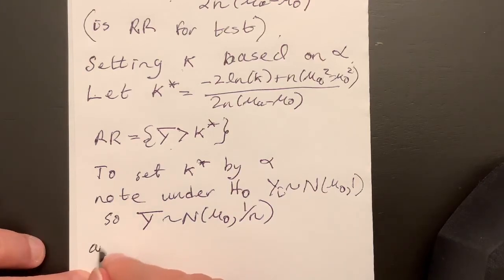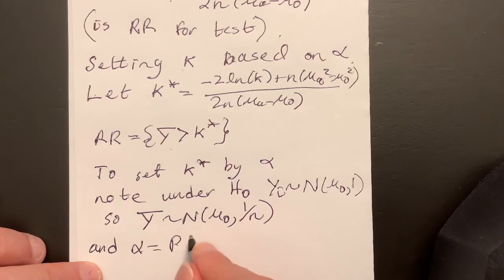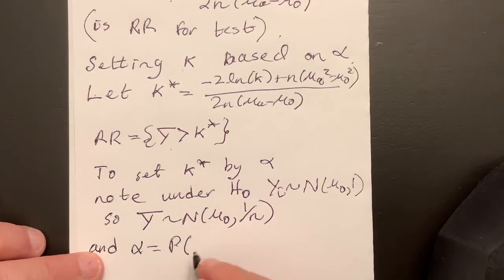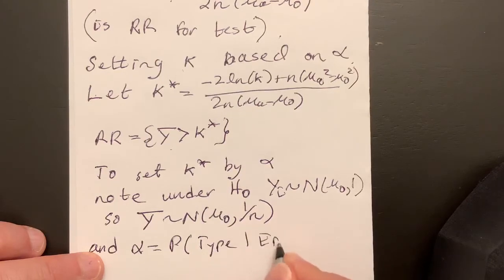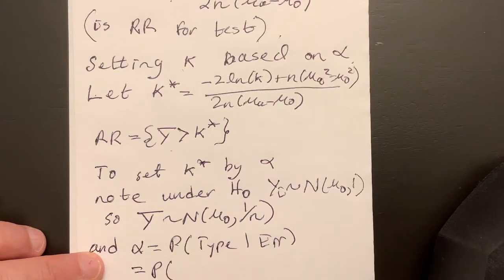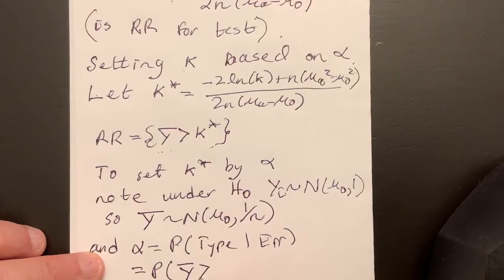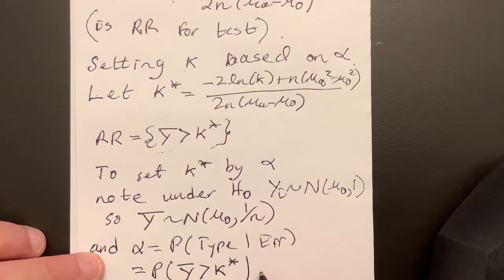And alpha, equal to the probability of type 1 error, is equal to the probability that we reject H0. So we reject under this, right? Probability y bar is greater than k star given mu equals mu 0.